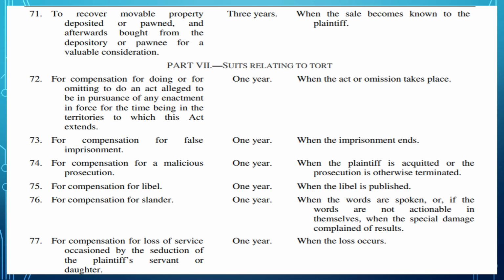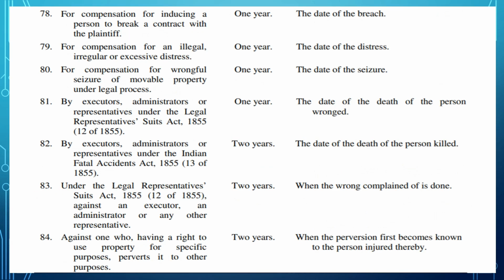And compensation for loss of service, in case some person induces by way of seduction or seduces the plaintiff's servant or daughter to gain some benefit or to make a loss of service to the plaintiff, in that case 1 year limitation period starts when the loss occurs.